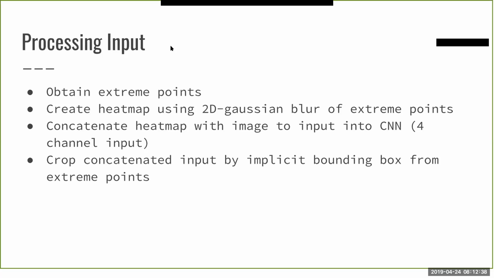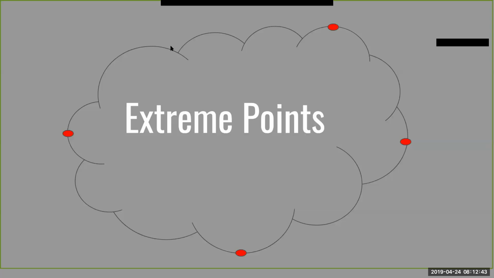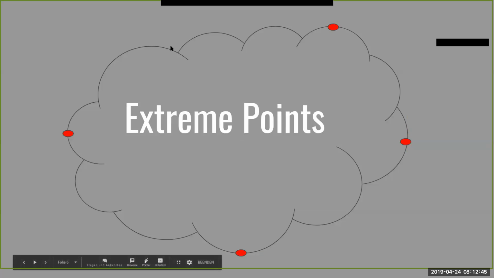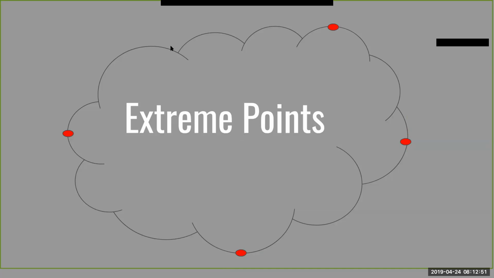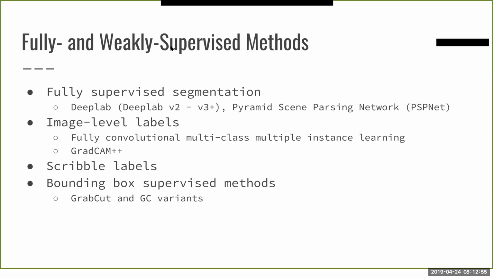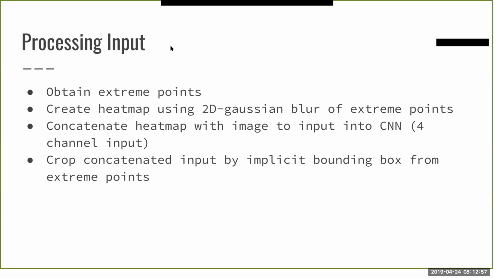So they create these Gaussian blurred points. It looks like these red points here. So you would pick something right in the middle of that red point, and it would blur that into what the red point is. And so that is a heat map with just 4 heat points on it. It uses that as an input to a CNN.